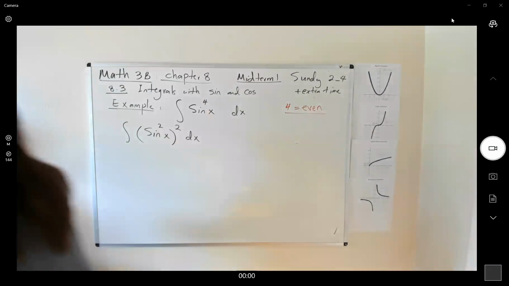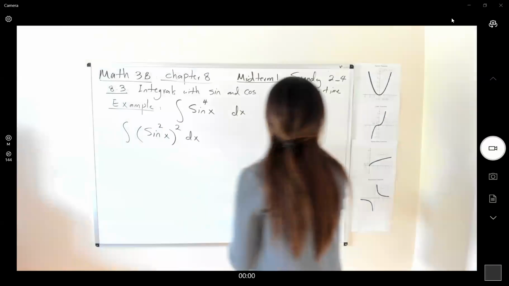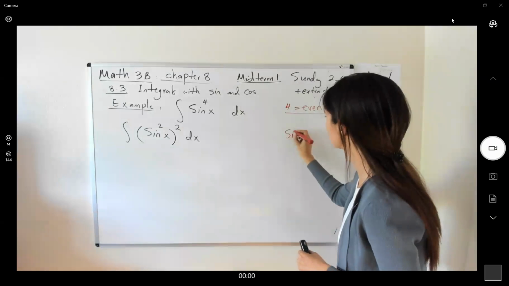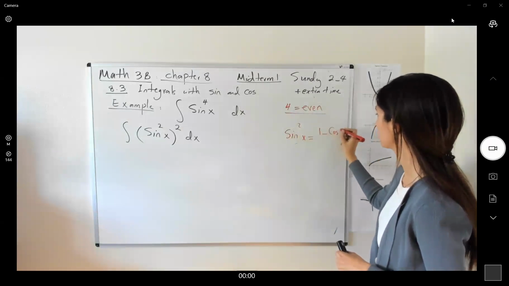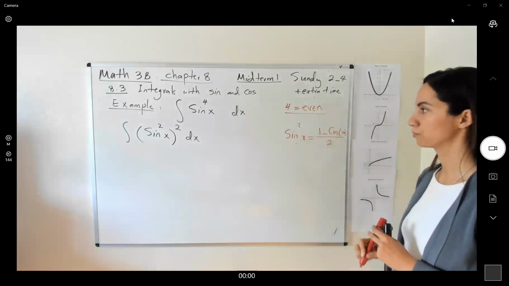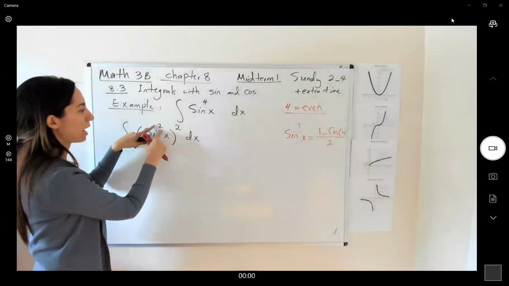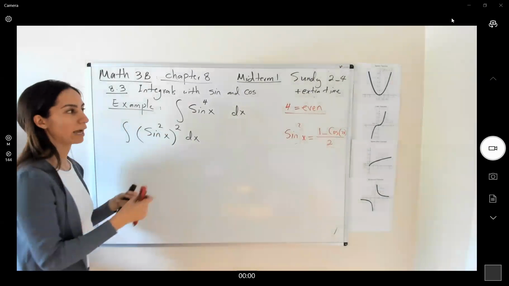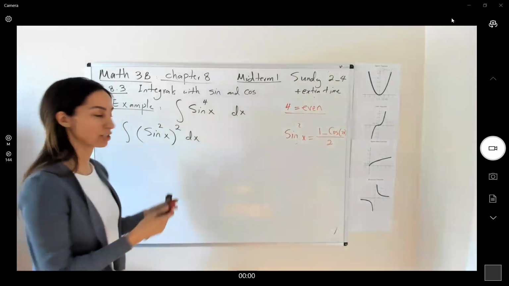Remember that sine squared of x is 1 minus cosine 2x divided by 2. So our goal is to reduce the power of the exponent and write it in a format where we can actually take the integral.